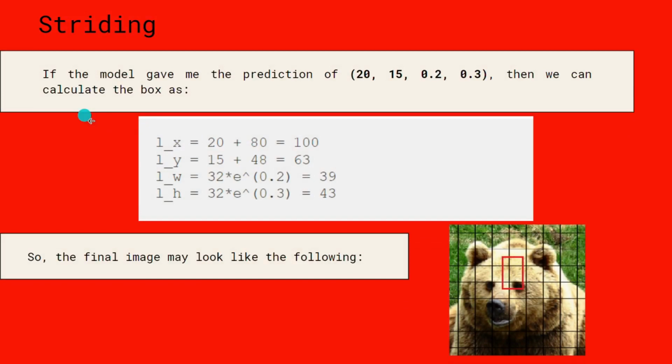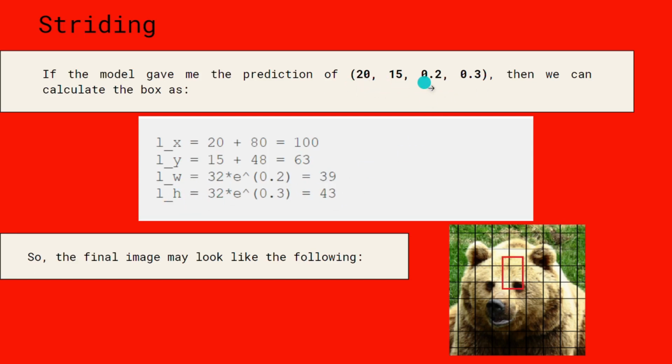So let's consider an example. If the model gave me the prediction 20, 15, 0.2, and 0.3 for the width and height, then we can calculate the box as this, and we get a value of 100 for the x value, 63 for the y value, 39 for lw, and 43 for lh.